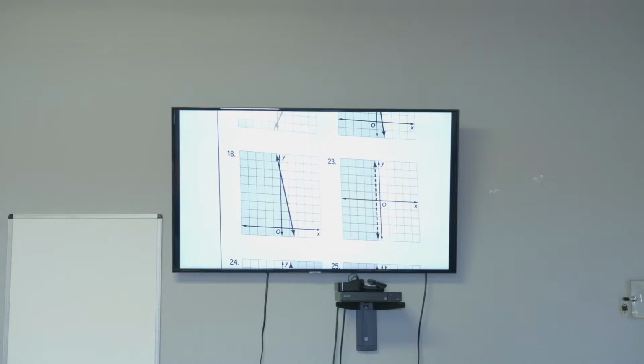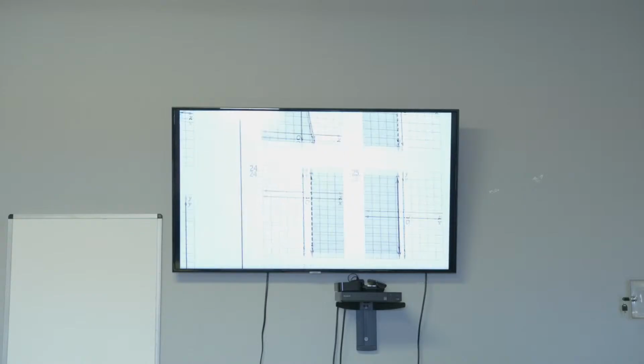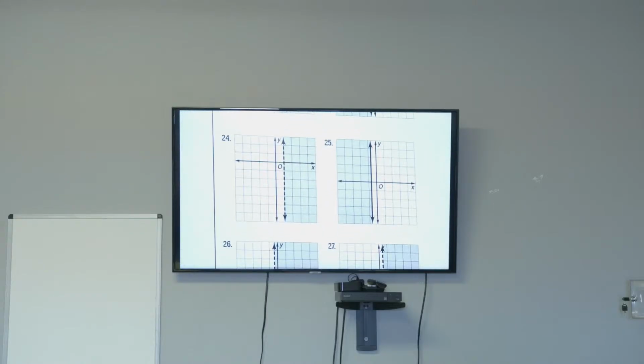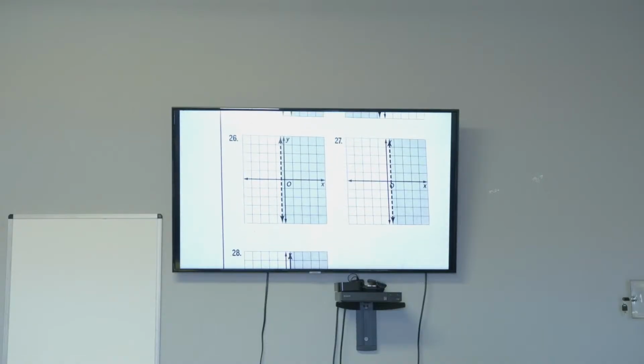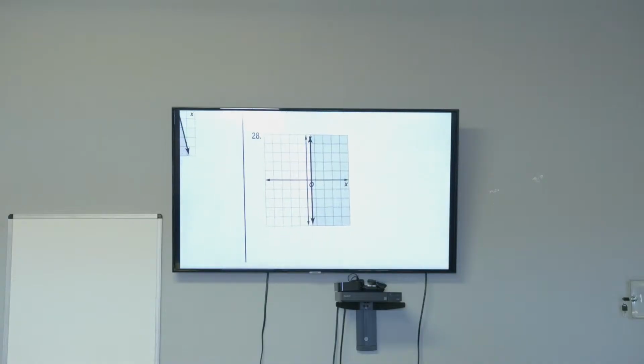Number 20 is y is less than or equal to 2x minus 4. Number 22 is y is greater than 3x minus 3. Number 24 is that guy. 26 is that one. 28 is that one.